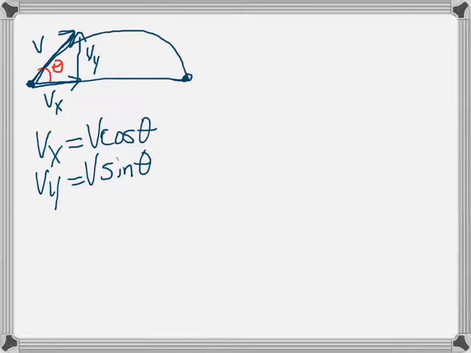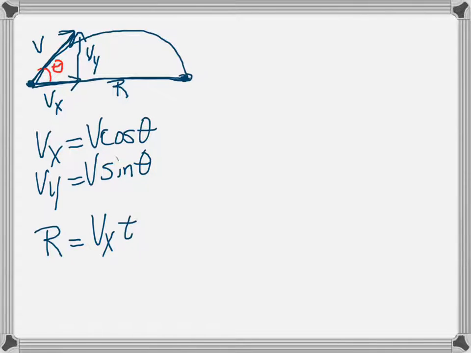We also know the range equation, the horizontal distance that it travels, all the way from here over to where it lands. The range is going to be the horizontal velocity, Vx, times the time of flight.